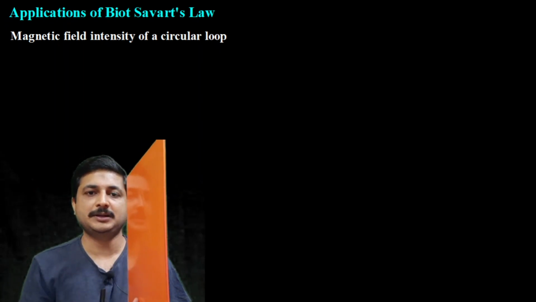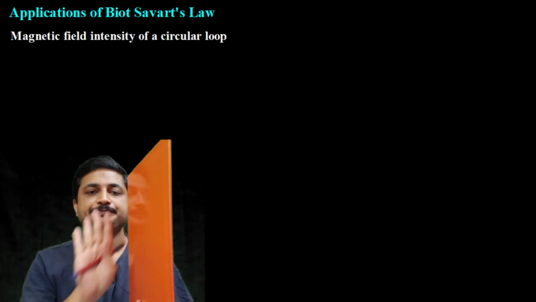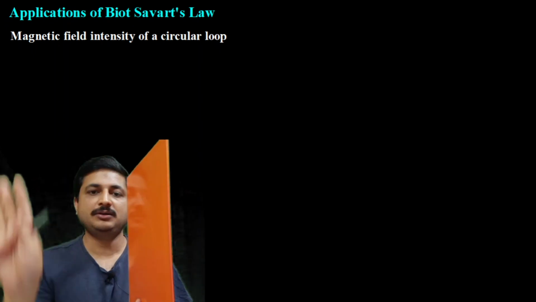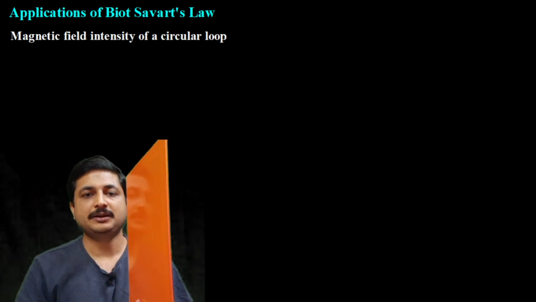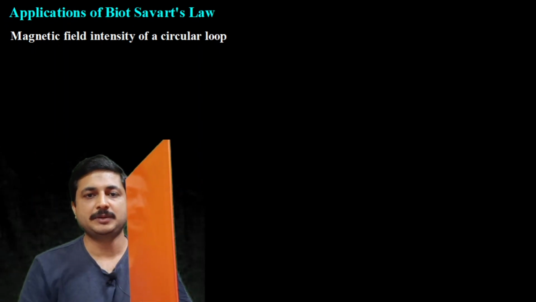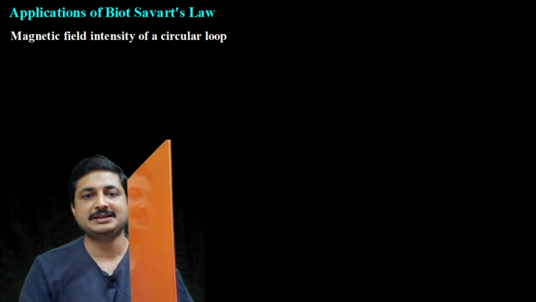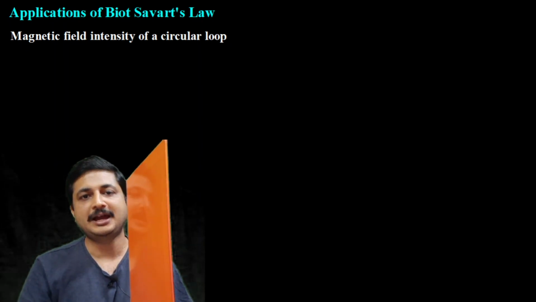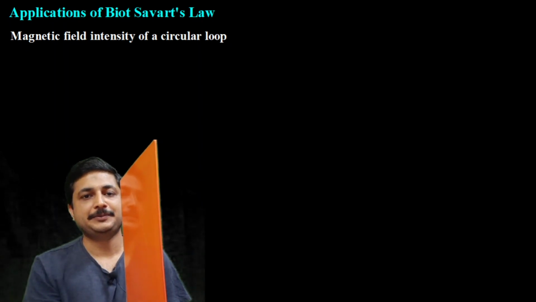This is in the xz plane and my point P is lying on the yz plane. Now what will be the angle between the line joining an xz plane and a yz plane? It will be 90 degrees.